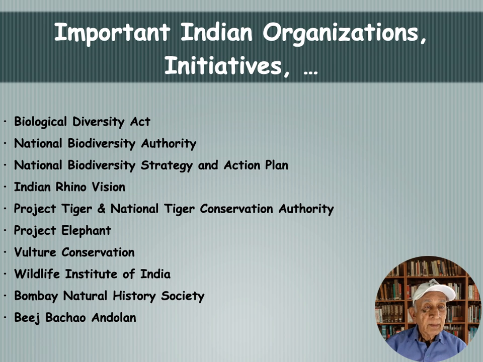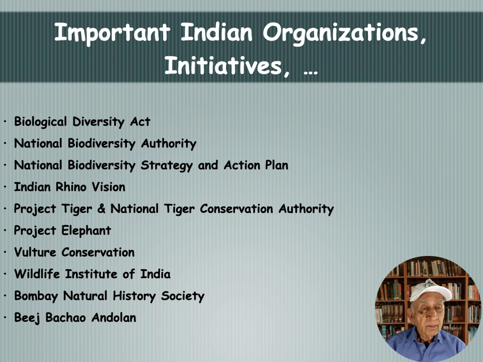Coming to India, we have our Biological Diversity Act. There is a Biodiversity Authority. There is a strategy and plan. And we also have specific species level plans like Indian Rhino Vision, Project Tiger, the National Tiger Conservation Authority, and Project Elephant.